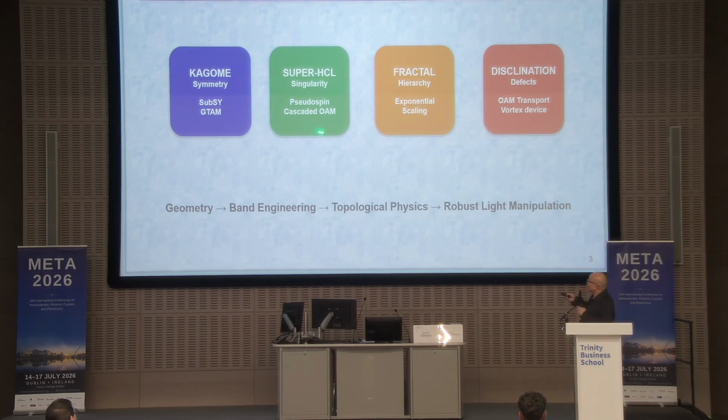So you will hear me talk about some of the concepts, such as subsymmetry and generalized total angular momentum, pseudo-spin, angular momentum, topological transport, and the protection, exponential scaling, and the vortex devices.